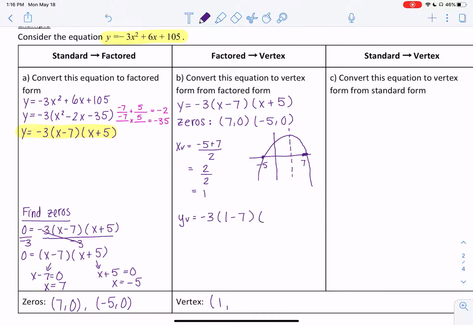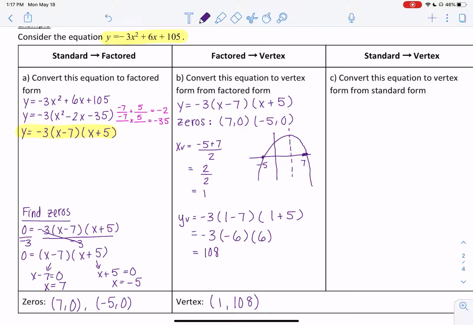But if you want to do the other one, even just to prove to yourself it works, that's absolutely not a problem. And then we'll get 3 times 6 times 6 equals 108. There we go. So our vertex is 1, 108.